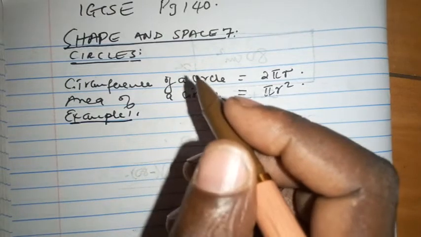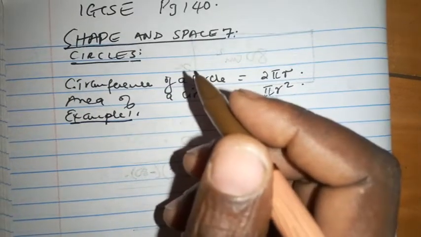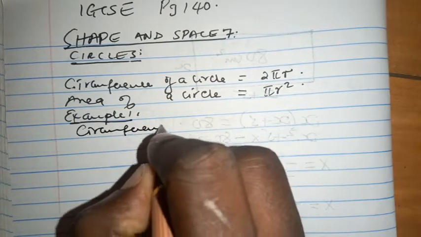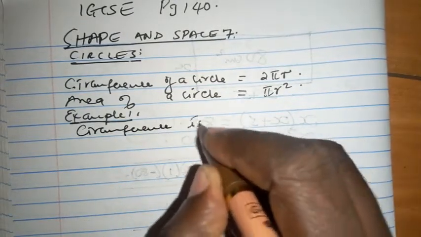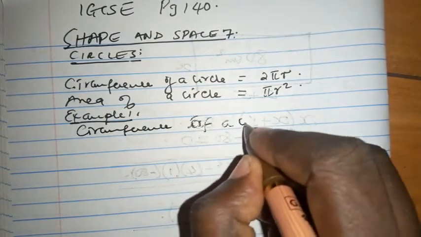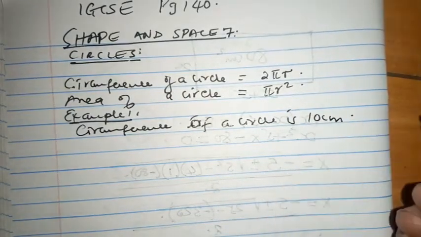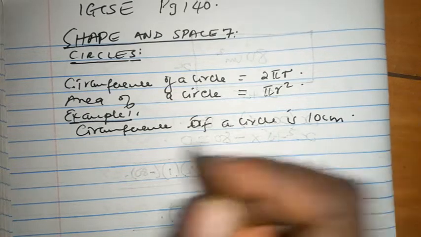which says the circumference of a circle is 10 centimeters. Find the radius.